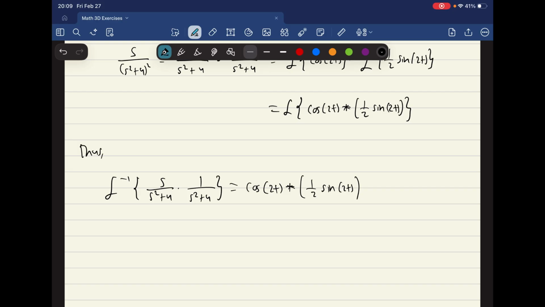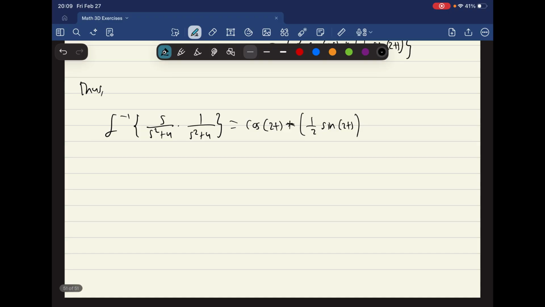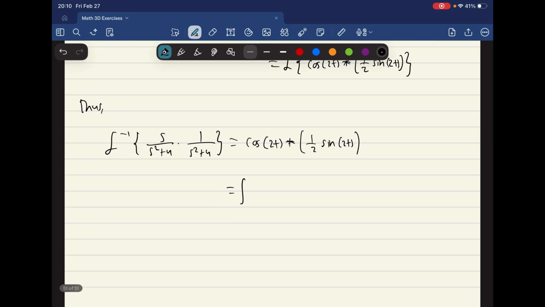Now, let's take this a step further and compute the convolution of these two functions right here. Here we need to be a bit careful. Maybe it's better to use a different variable for our function, so I'm going to let this input variable of mine be u.